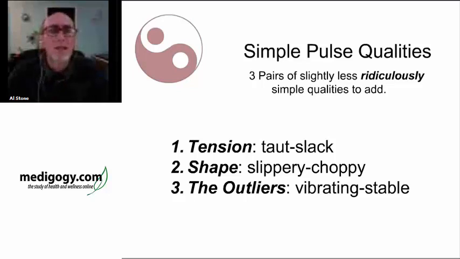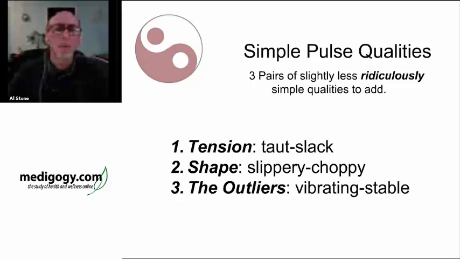The last pair are a couple of pulse qualities that are really kind of uncommon. One is vibrating. That shows up in the tense pulse or the tight pulse. That's that external cold Shanghan Lun pulse. And then there's the stable pulse, which shows up in the laomai, the firm or confined pulse, and we'll talk about that in a little bit too.